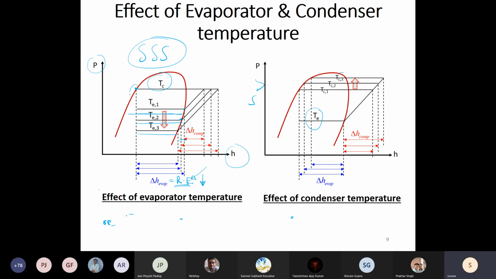Because see, these vertical lines are isenthalpic lines over there. So you will expand from here. In this case, you will expand from here. In a lower condensing temperature, you will expand from here. So as your condensing temperature lowers, you will have higher refrigeration effect. As your condensing temperature goes higher, your refrigeration effect will reduce.